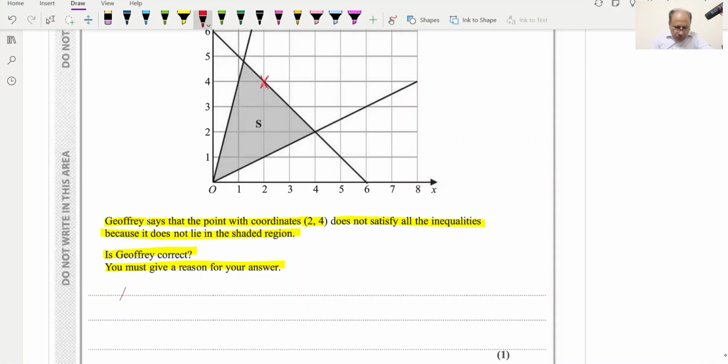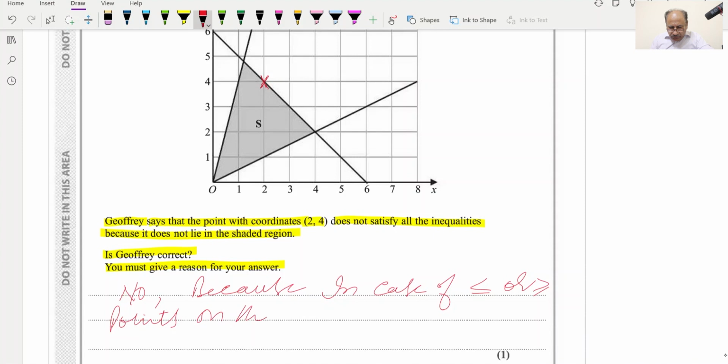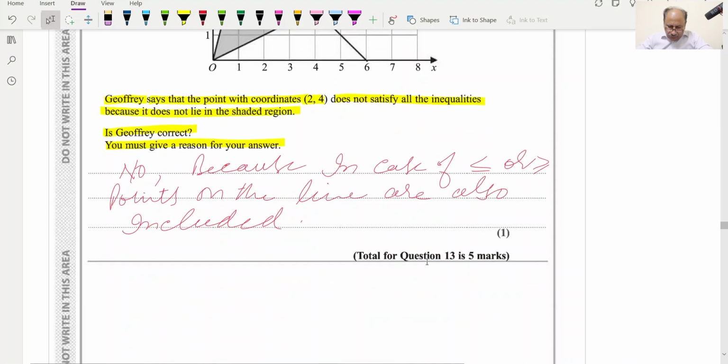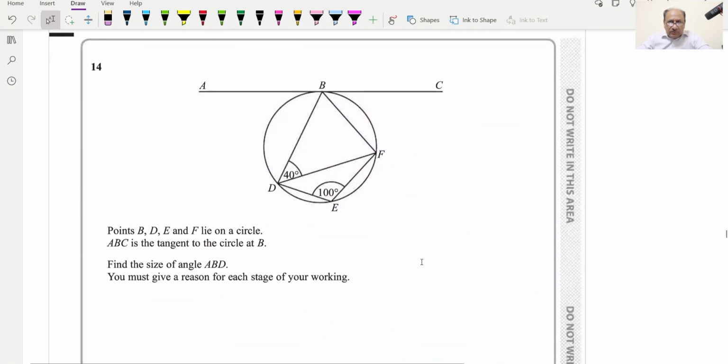We'll say no, he is not right, because in case of less than or equal to or greater than or equal to, points on the line are also included. So this will be our answer for this part. Hopefully you understood this. Then question number 14, a circle theorem question.